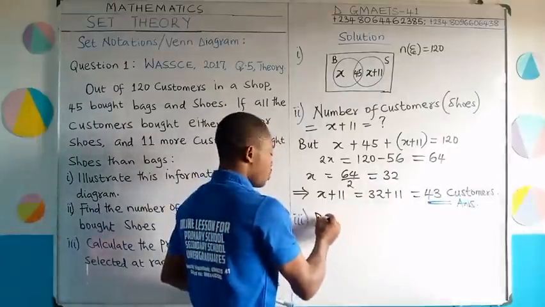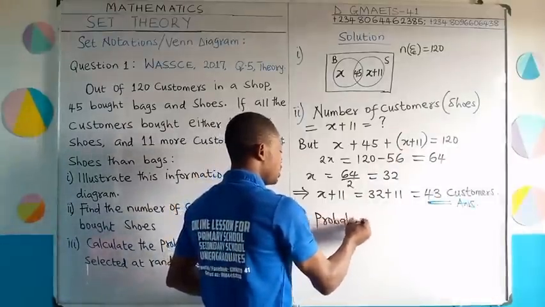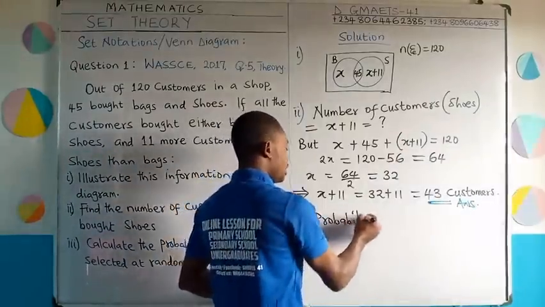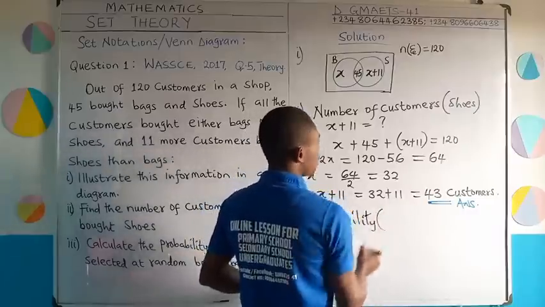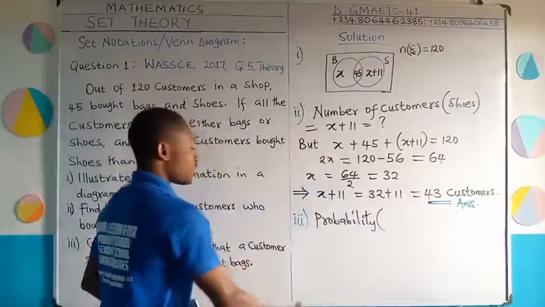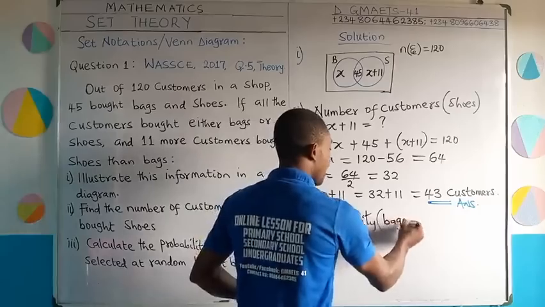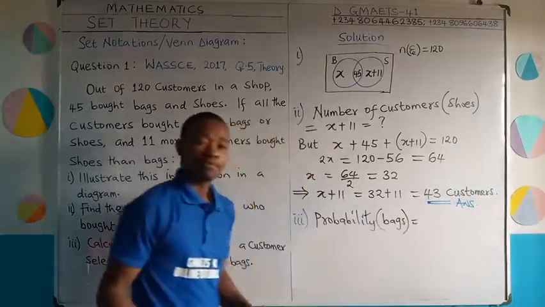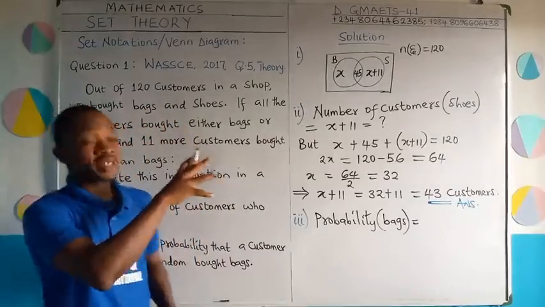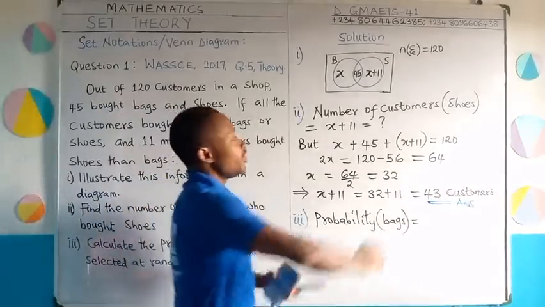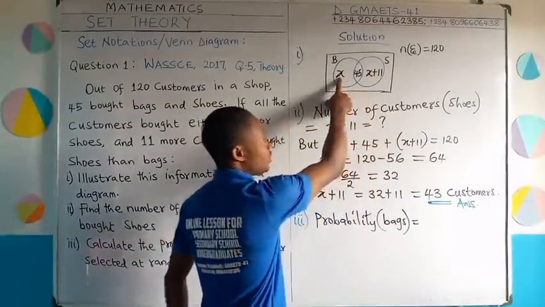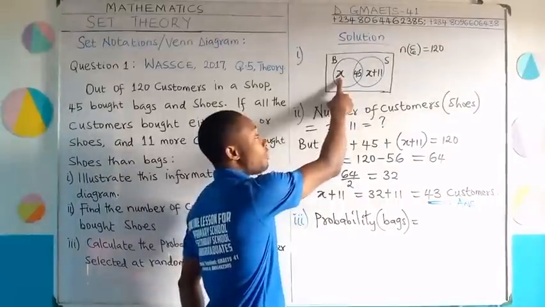Permit me to write probability of a customer buying bags. So the probability of bags is going to be, let us find out how many customers actually bought bags here. You can find here, X number of customers bought bags.